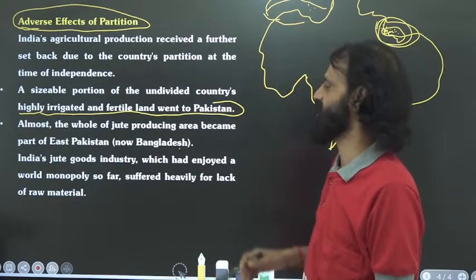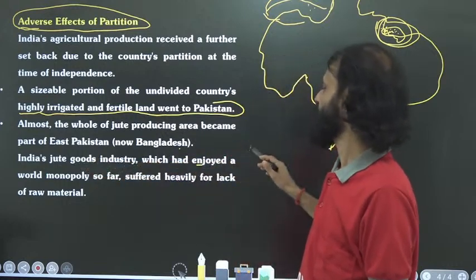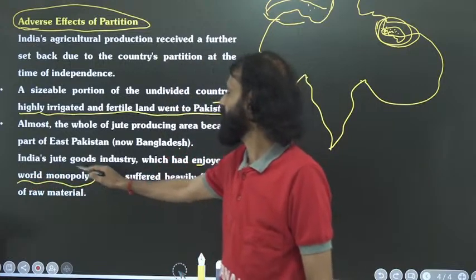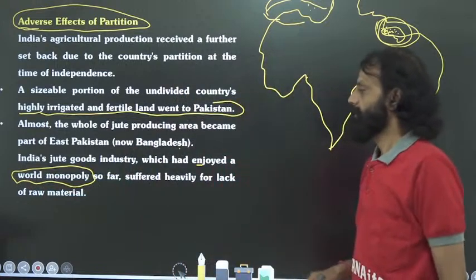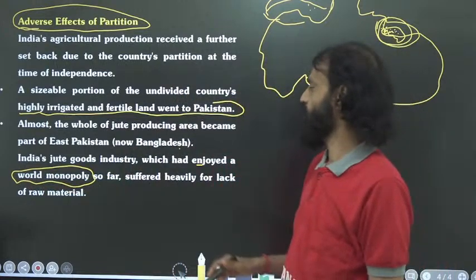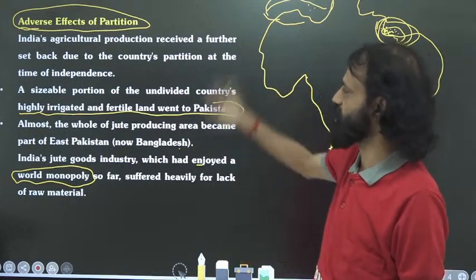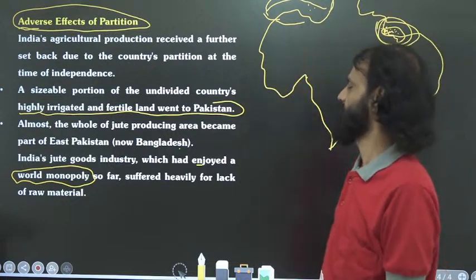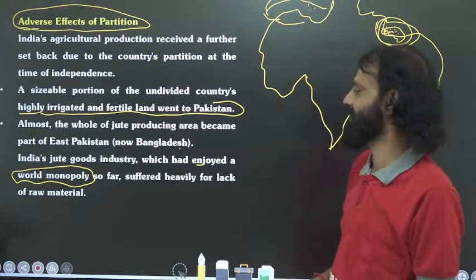In those days, India's jute goods industry enjoyed a world monopoly. We were the major producers of jute. After the partition, all those areas went to Pakistan, so the industry suffered heavily for lack of raw materials.